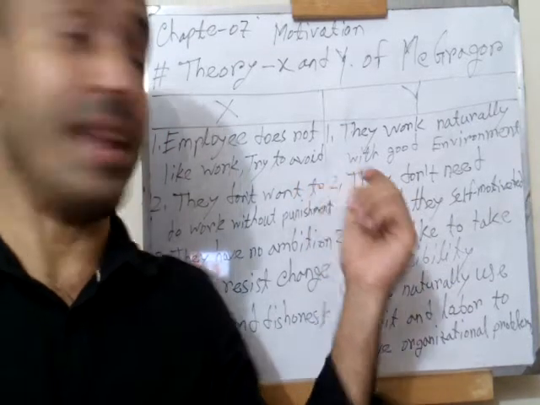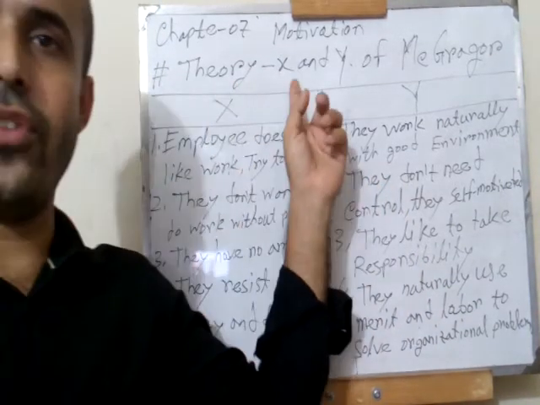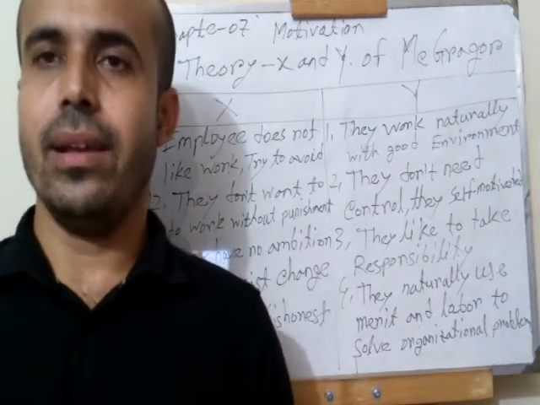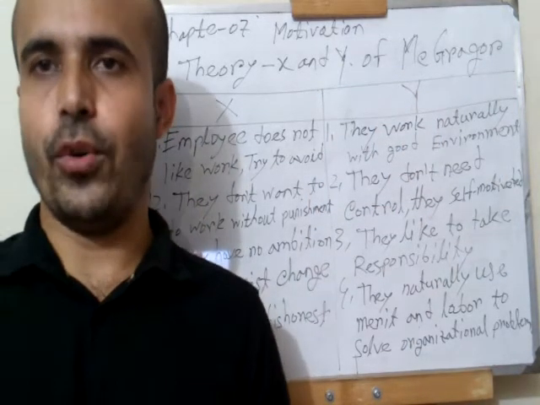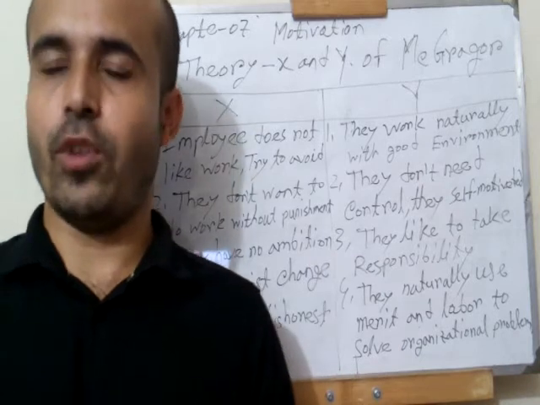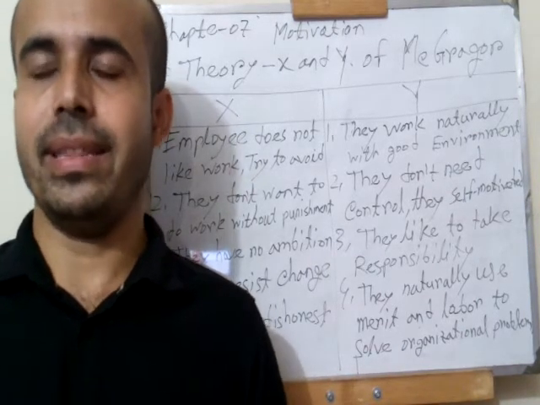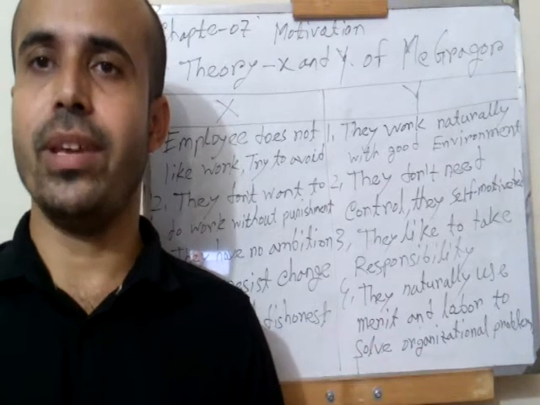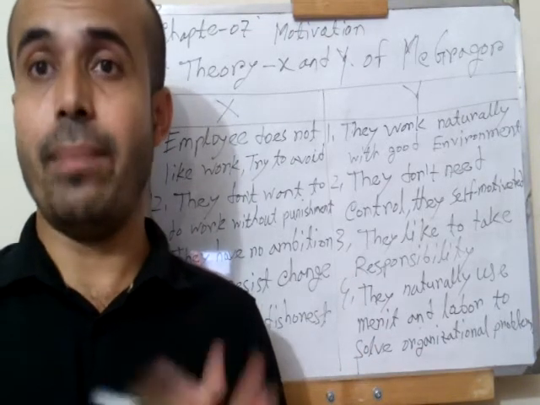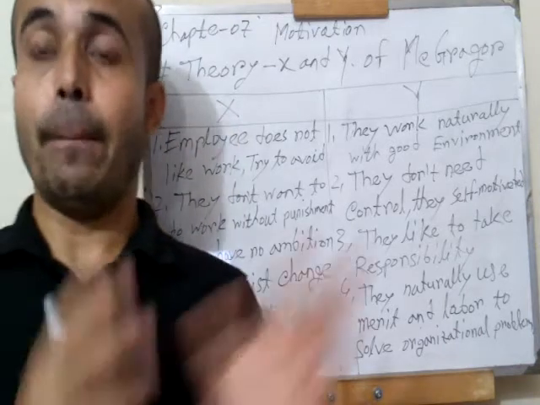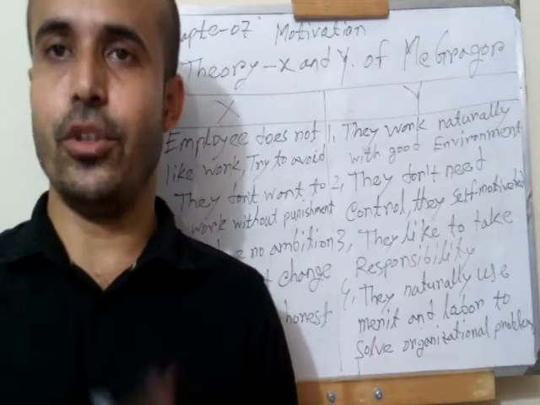On the board you can see McGregor's theory X and Y. It is a theory related to motivation, how the employee will be motivated, and it is given by McGregor, and that is why it is named McGregor's XY theory.